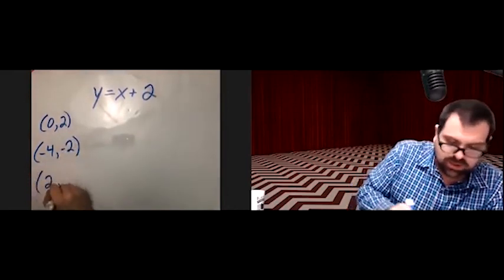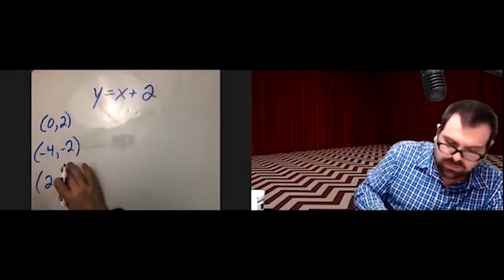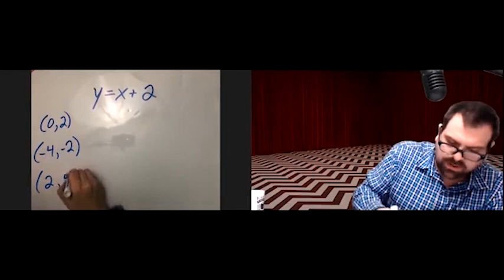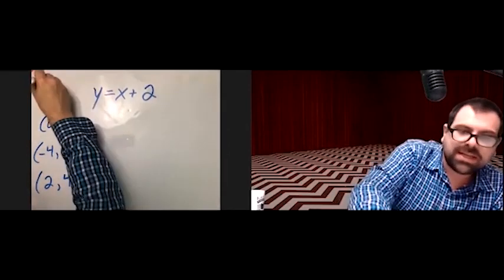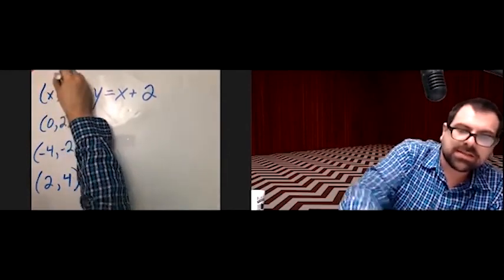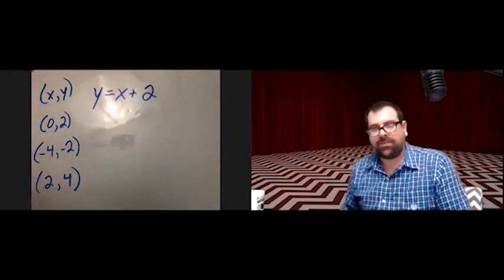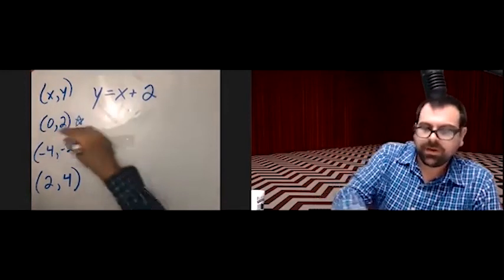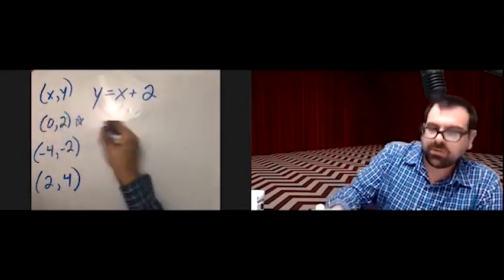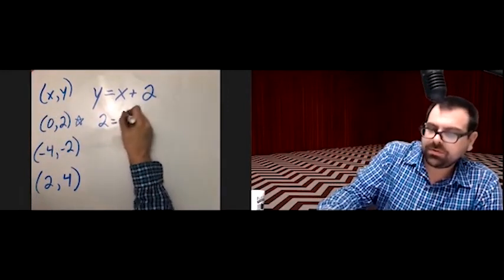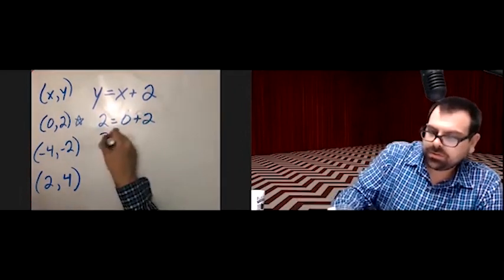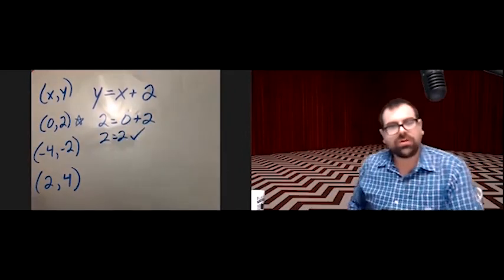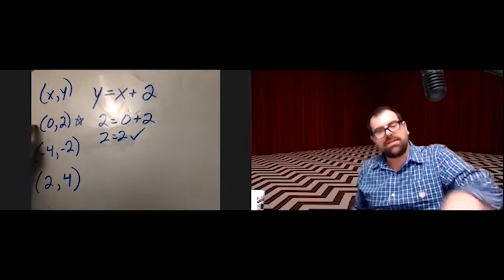Let's test 2, 4. Remember, when we see an ordered pair, what we are seeing is x and y. So let's test this one. X is 0, y is 2. That one's true. So that is a solution.